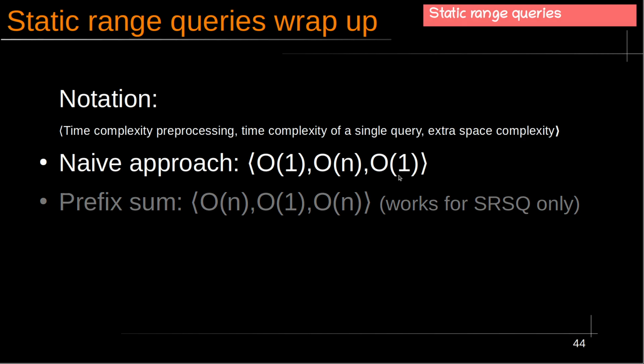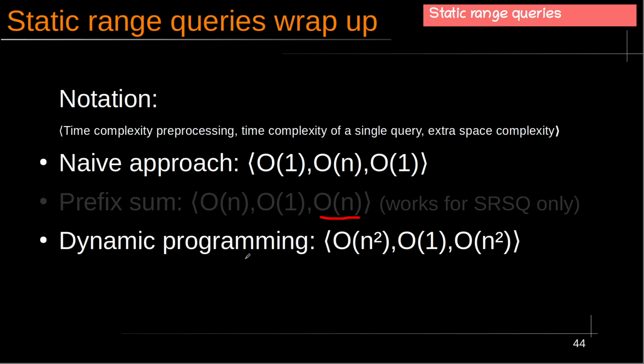The prefix sum, which works only for static range sum queries, is linear time for pre-processing, constant time for a single query, and linear extra space.